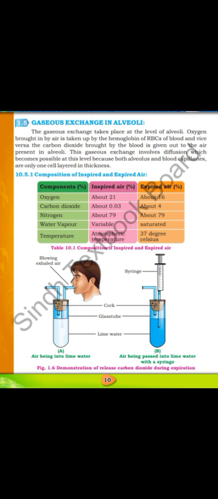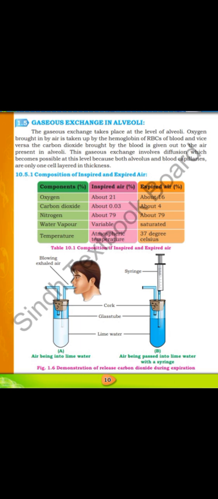So it is an easy diffusion process in gaseous exchange in normal case, and this is the gaseous exchange in alveoli in main.